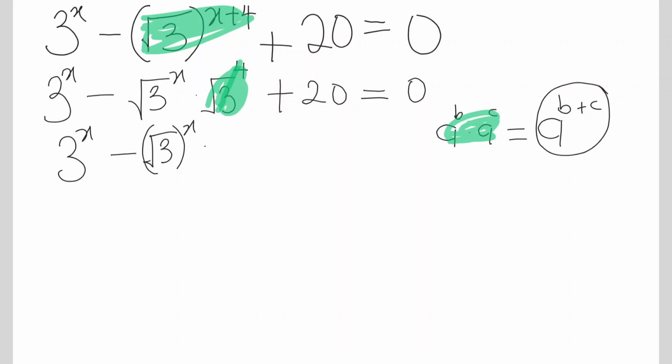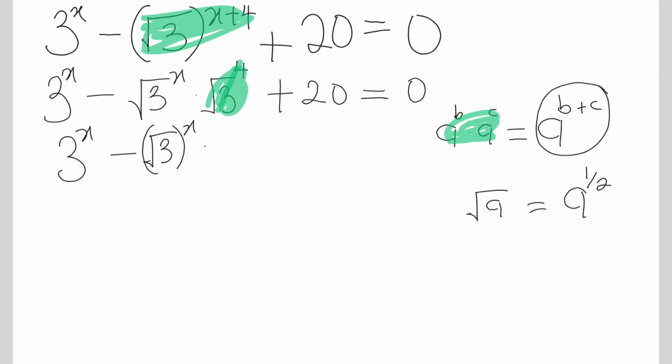multiplying. So instead of me writing the square root of 3, I can write it as, when I have the square root of a, it can also be written as a raised to the power of 1 over 2. So you can turn square root into indices notation, into exponent notation.